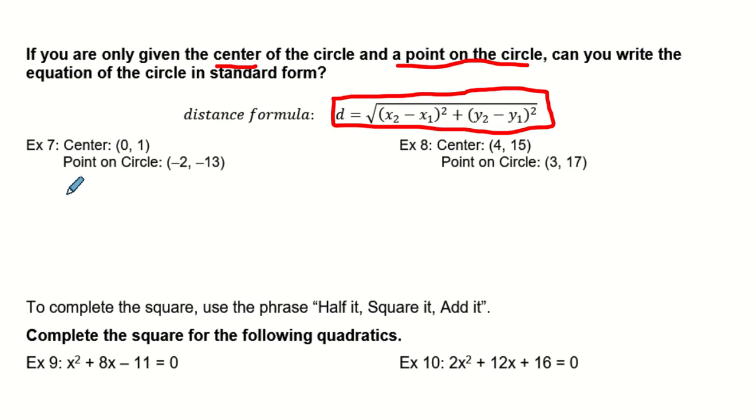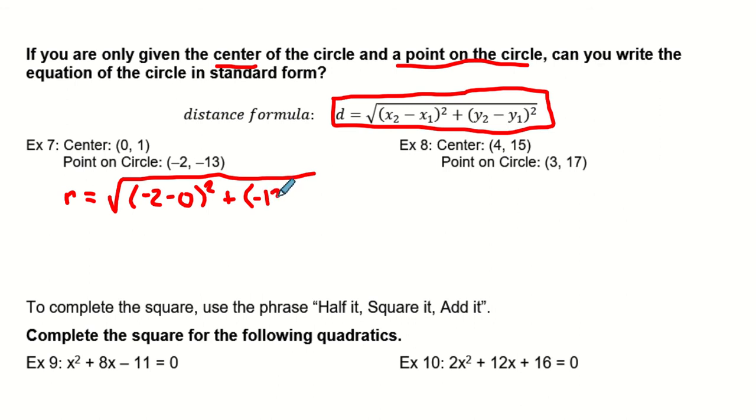So if I do the distance formula, and I'm actually going to put r instead of d because that's what I'm finding. So the radius will be, and again you're going to use the distance formula like we did in the last unit, x2 minus x1. This will be my x2 and that'll be my x1. So negative 2 minus 0 squared, and then y2, so negative 13.